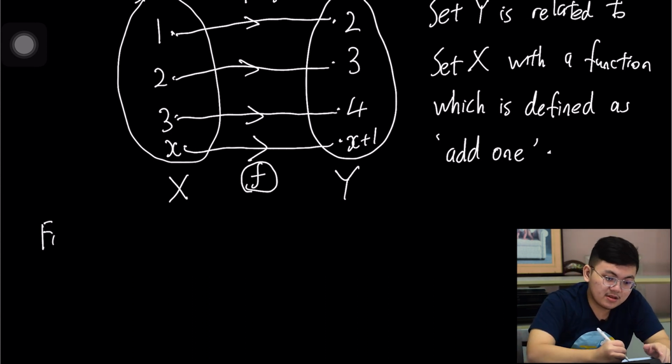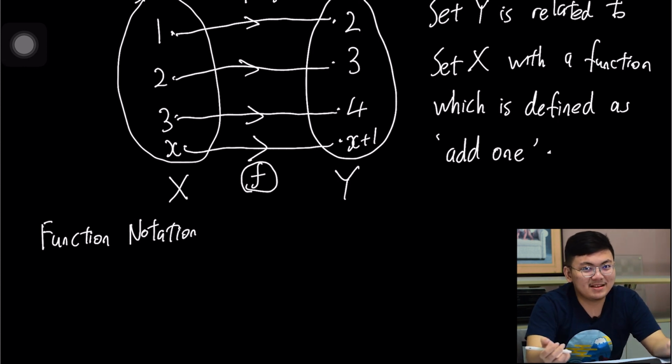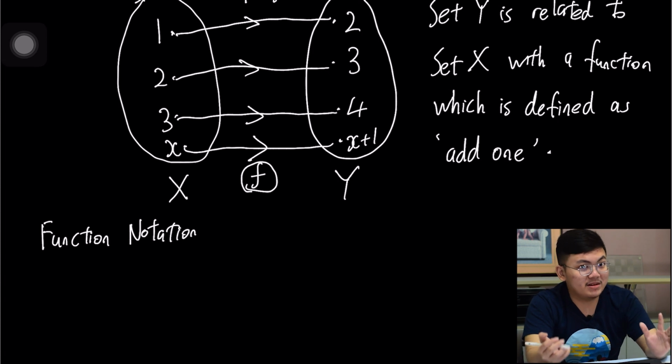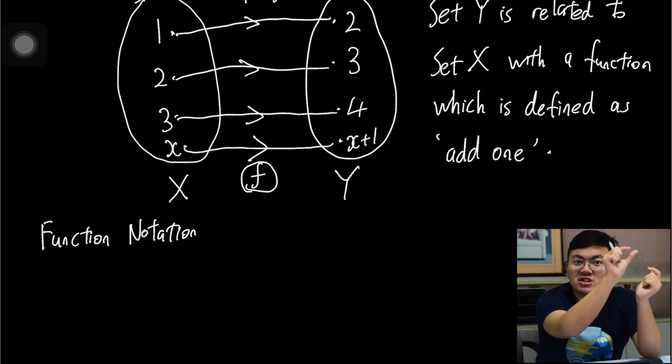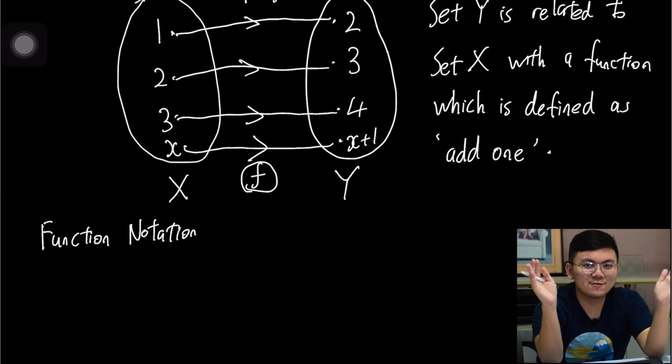So for your information, notation is something made by the mathematician to simplify their words. They don't want to use long words like function of x. There are too many words already.